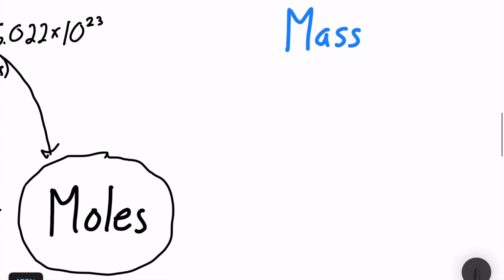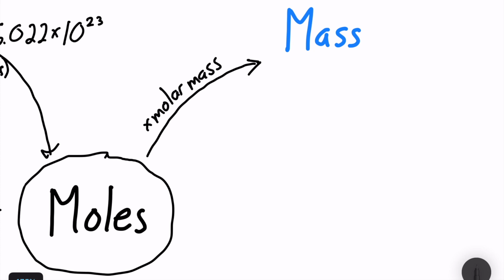Okay, and we'll zoom out, we'll head on over to our next stop. So if you want to get from moles to mass of a substance, what you are going to do is multiply the number of moles by the molar mass of whatever substance you are completing the question on.